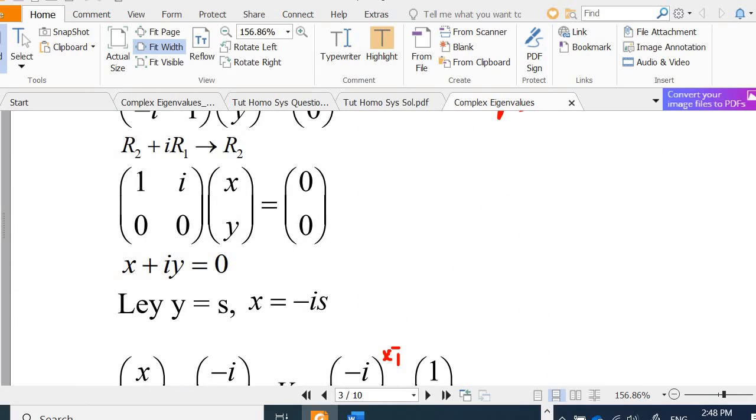And then here, you may be confused about how to reduce it to this one. Like in the first lesson you got real and repeated eigenvalues. In the second example you have floating point eigenvalues. So you may find it very confusing how to reduce from 2 rows to only 1 row.